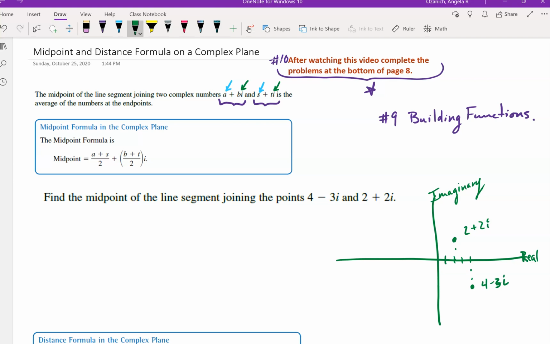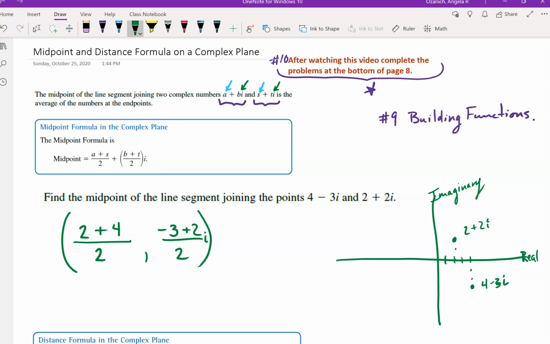We are going to take our real components, add them together and divide by 2. So you're averaging the real component of your complex number, and then you're averaging the imaginary coefficients here. This is going to be in terms of i at the very end once we get our number figured out.